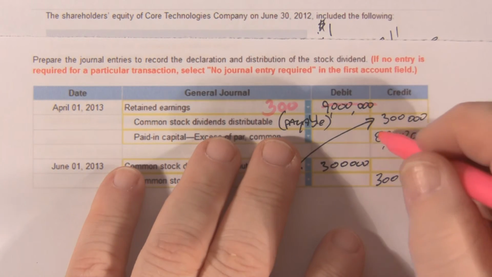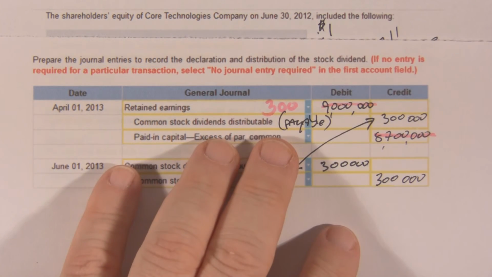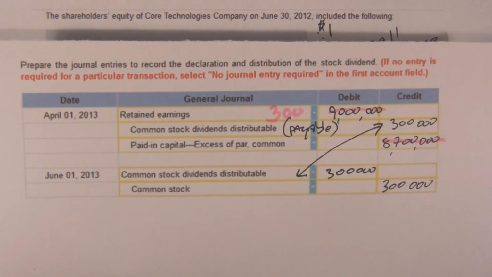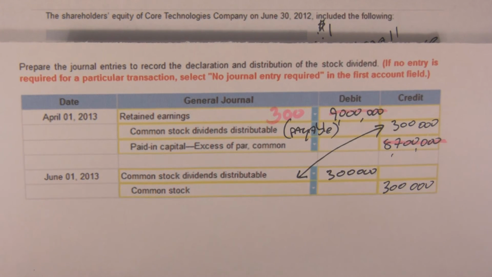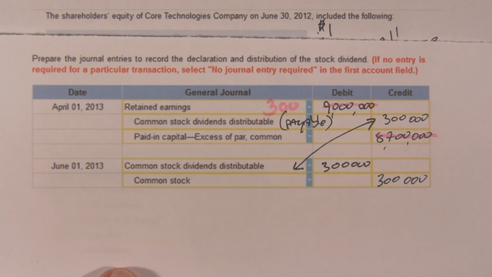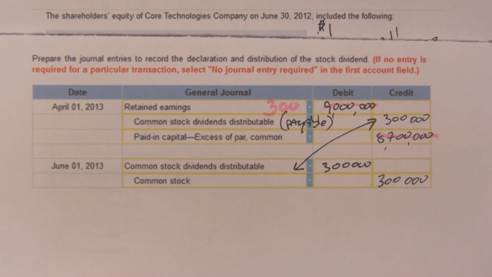That wouldn't be there. That wouldn't be there. Everything else would be exactly the same. That would be a large stock dividend. This is a small stock dividend, so it's done at market price. And it's done at market price at the date of declaration, when the dividends are declared, not at the date of distribution.